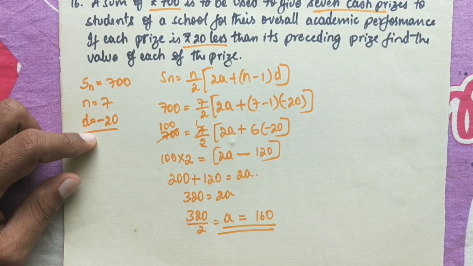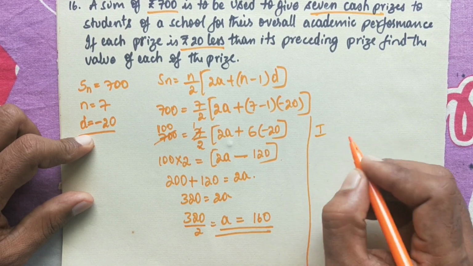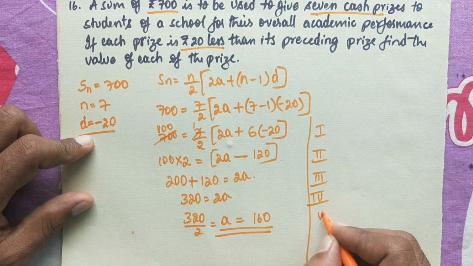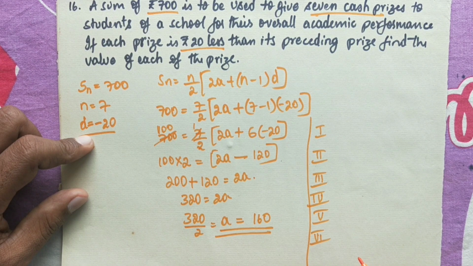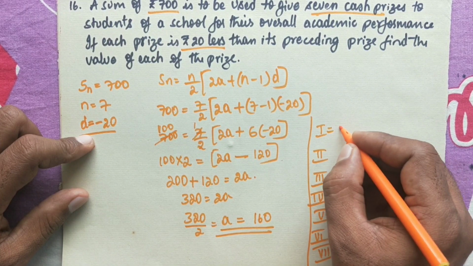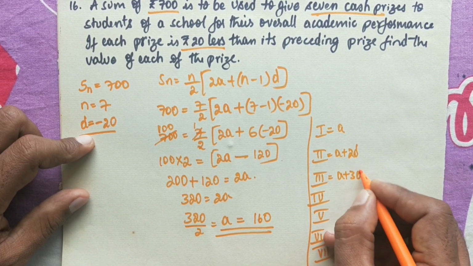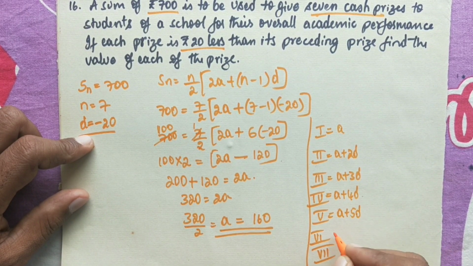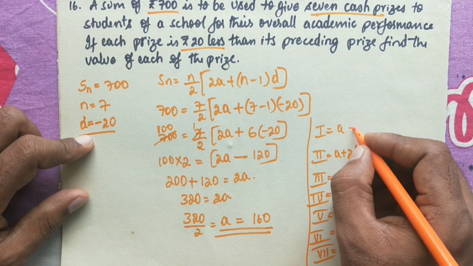We calculated this one. So let us calculate the first prize, second prize, third prize, fourth prize, fifth prize, sixth prize and the seventh prize. The first one is a, the second one is a plus d, third one is a plus 2d, then a plus 3d, a plus 4d, a plus 5d, a plus 6d. So a is 160.